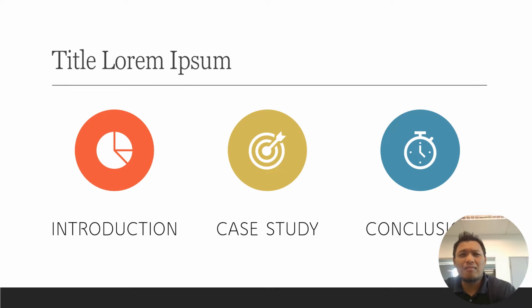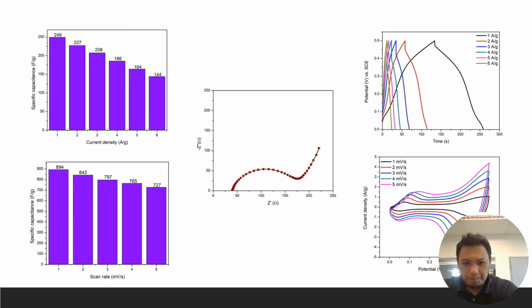The redox peak is not very obvious, so you might think it is a pseudo-capacitive material instead of a battery-type material. That's why you jump into the Trasatti method. I will show you a case study, some of the graphs and also the calculation, to get a full analysis of the Trasatti method and its conclusion.